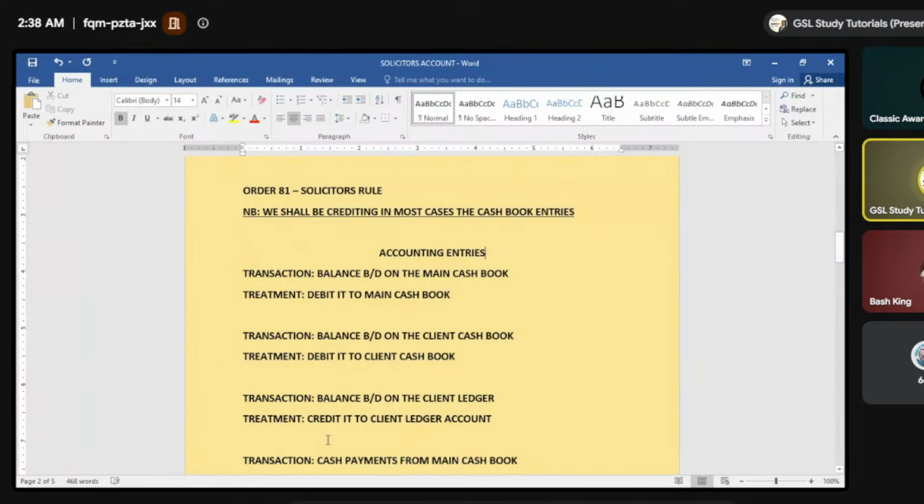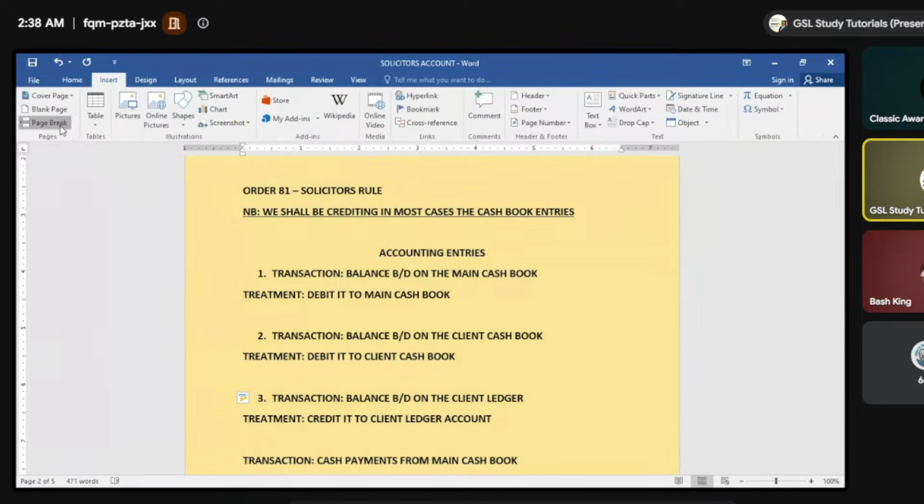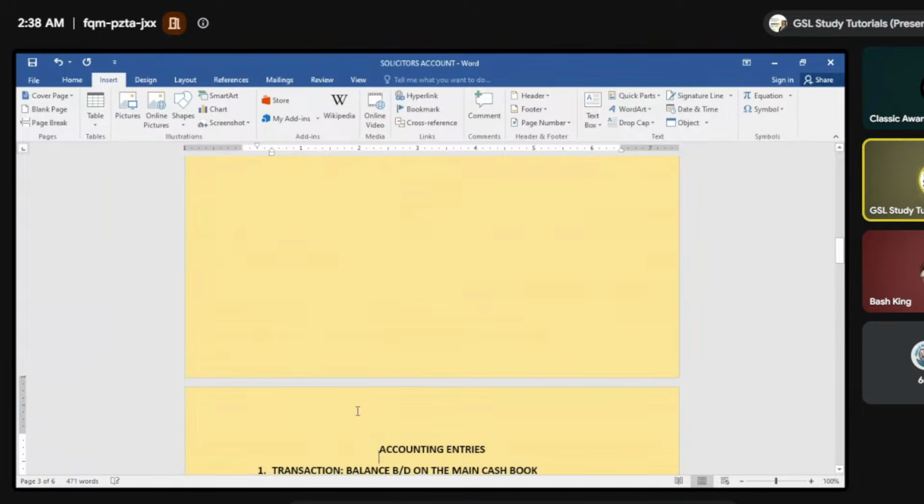So let me, two, three. Come here, insert. So we are with the manual.